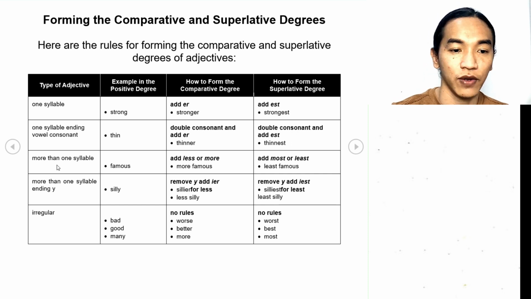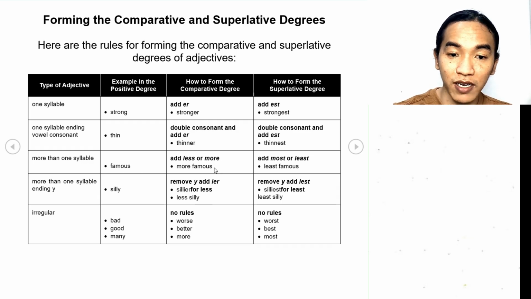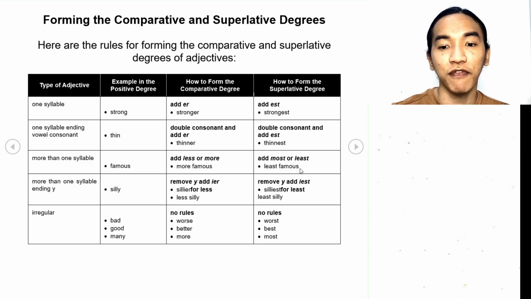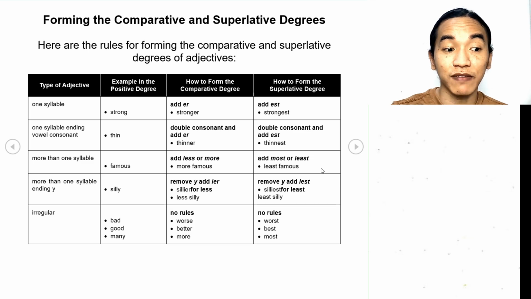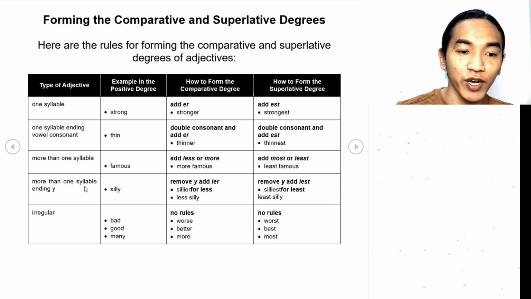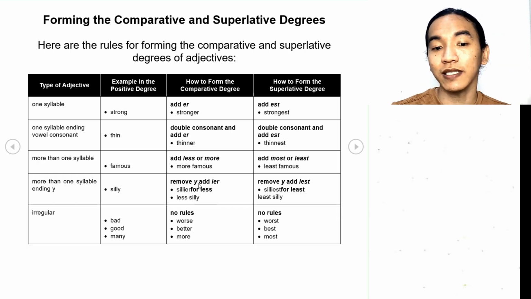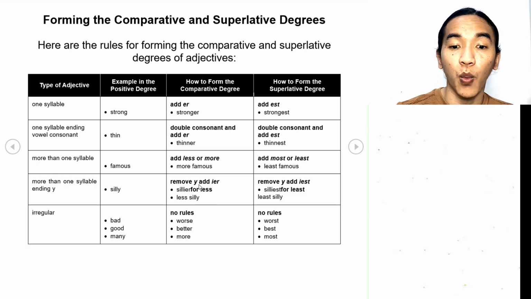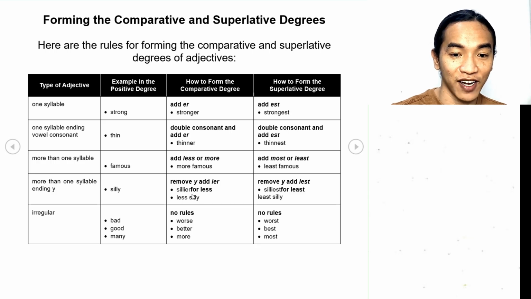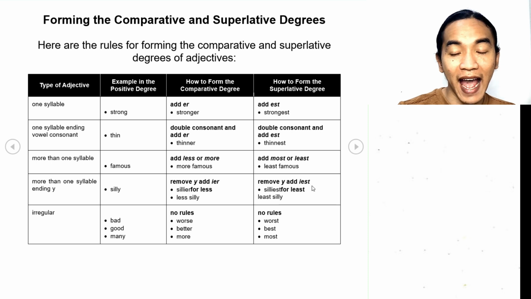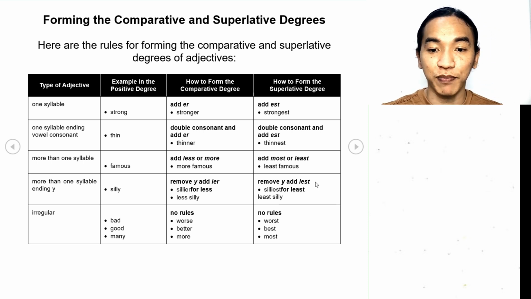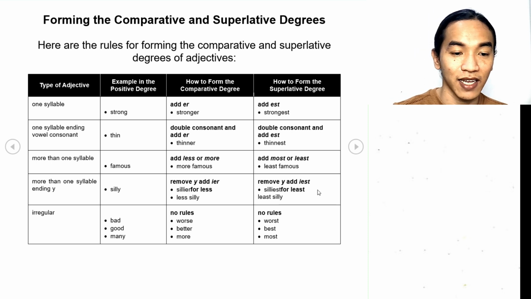For more than one syllable, like famous, you add more or less, more famous or less famous, for the comparative form, and add most or least, least famous, for the superlative form. For adjectives ending in y, like silly, usually two syllables, you remove y and add ier, sillier, or less silly. Remove y and add iest for the superlative form, the silliest.